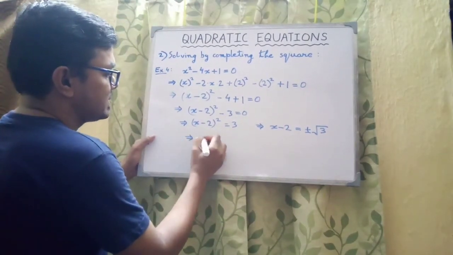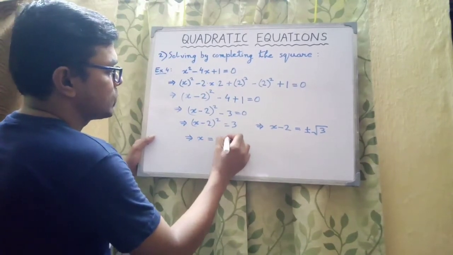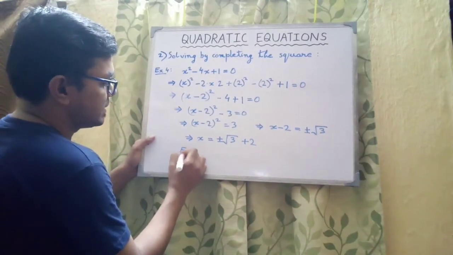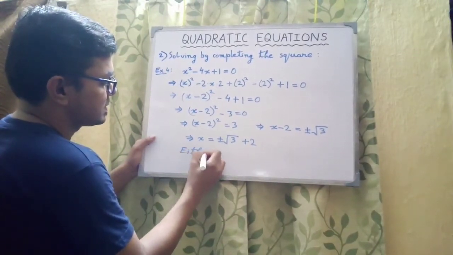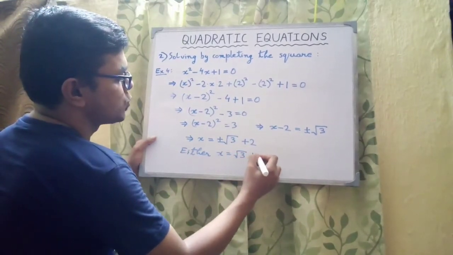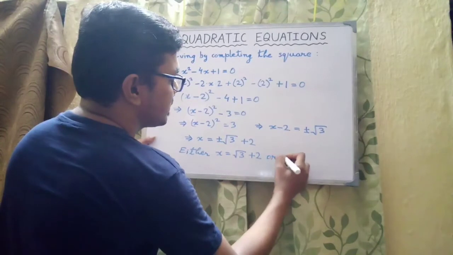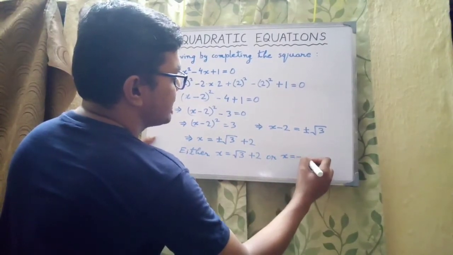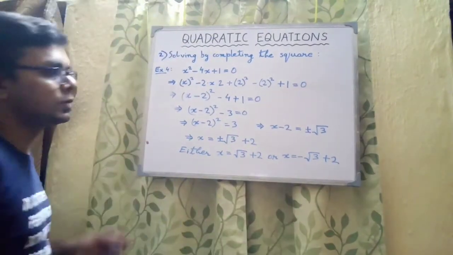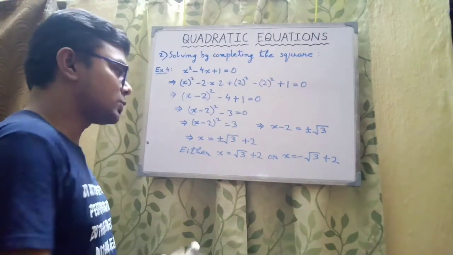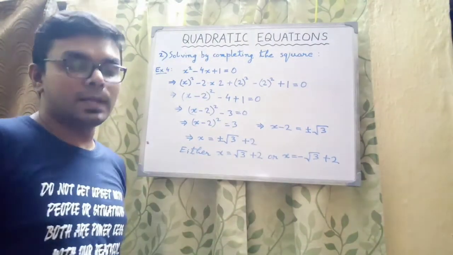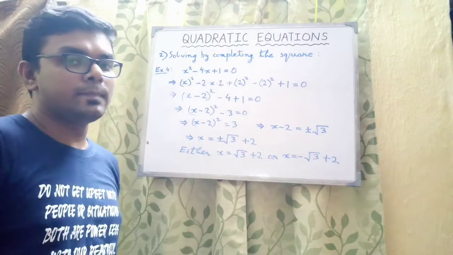Implies that x equals to plus minus square root 3 plus 2, that is either x equals to square root 3 plus 2 or x equals to minus square root 3 plus 2. We see that again we have got two values of x. So whenever we are finding the square root, you must remember that we must use the plus minus sign, both the plus and the minus.